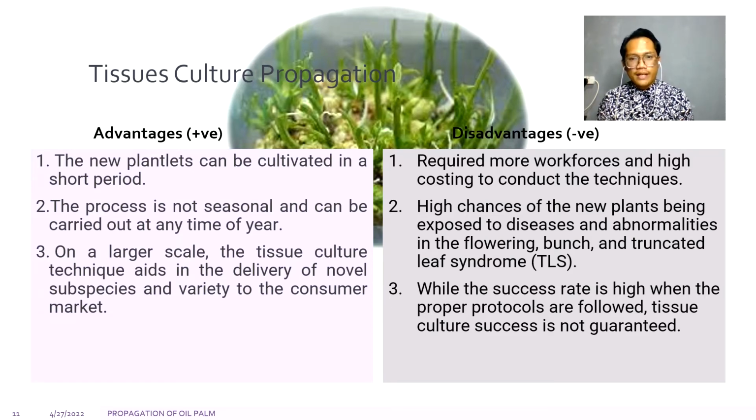In contrast, it requires more workforce and high cost to conduct. There are high chances of the new plants being exposed to disease and abnormalities in flowering, bunch and truncated leaf syndrome (TLS). And last but not least, while the success rate is high when the proper protocol is followed, tissue culture success is not guaranteed.